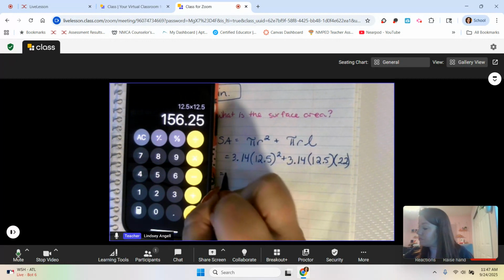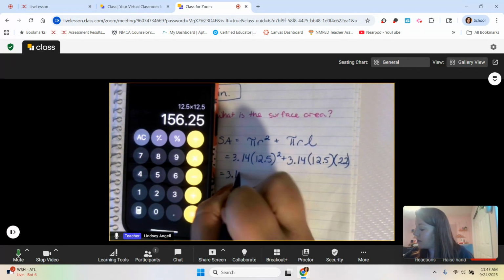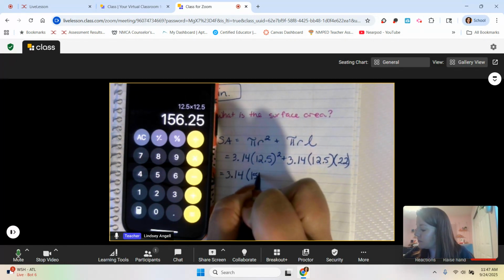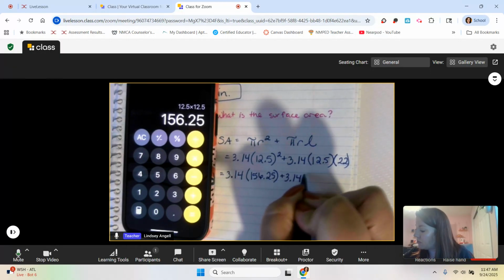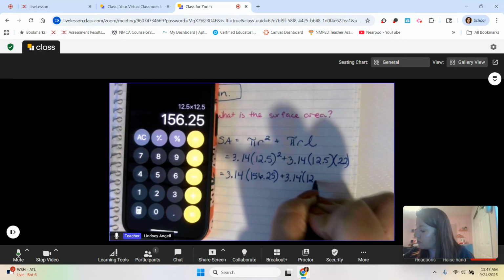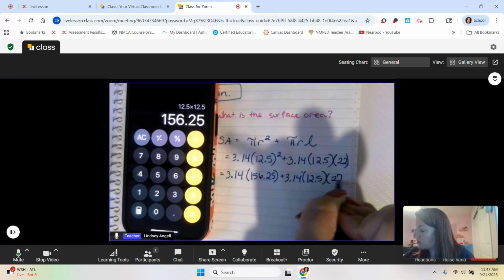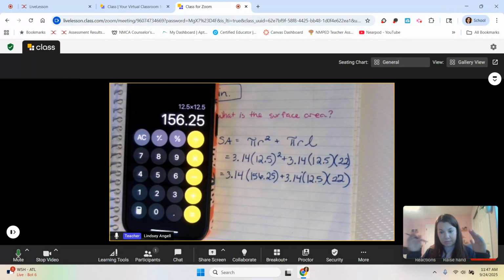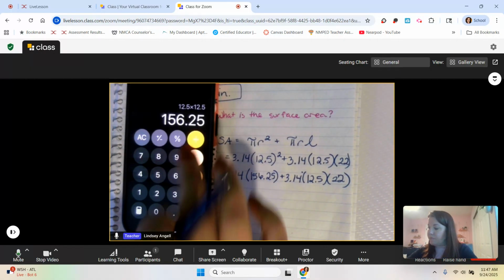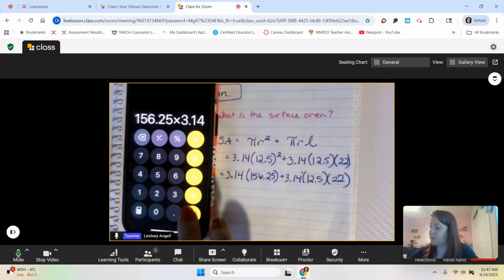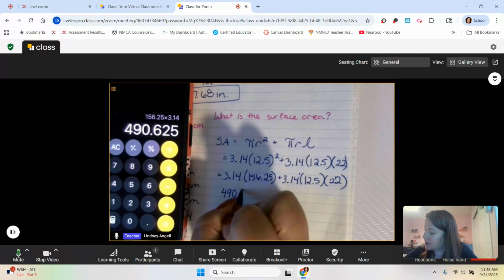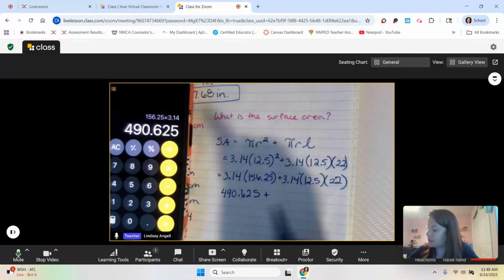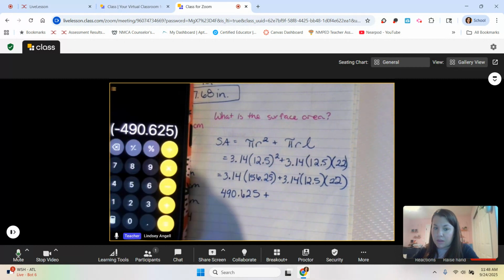That gives me 156.25. I like to write everything out each time. That way, if I make any errors, I can go back and see exactly what I did. So this is going to be multiplied by 3.14. That gives me 490.625, thousandths, excuse me.